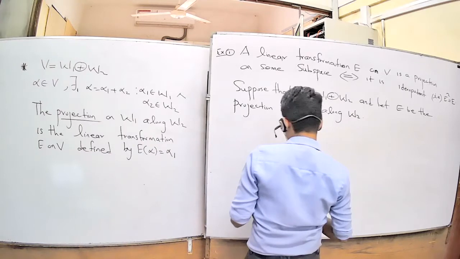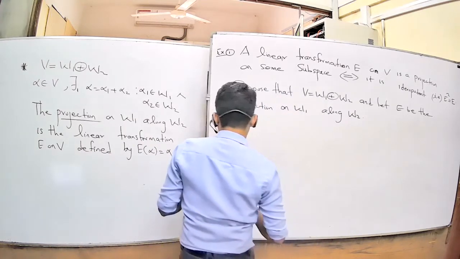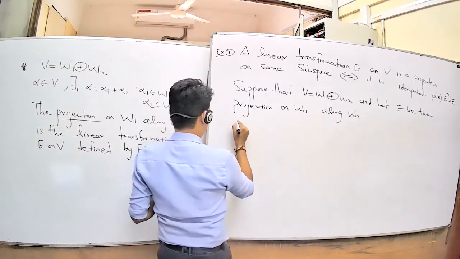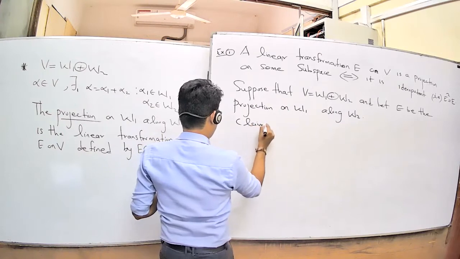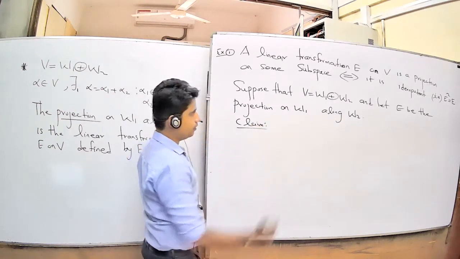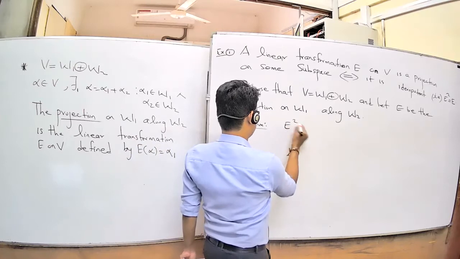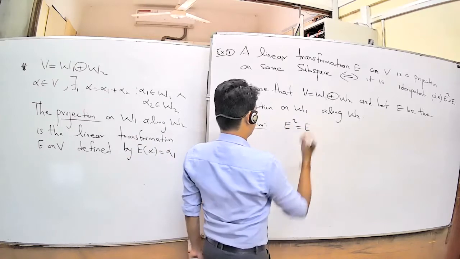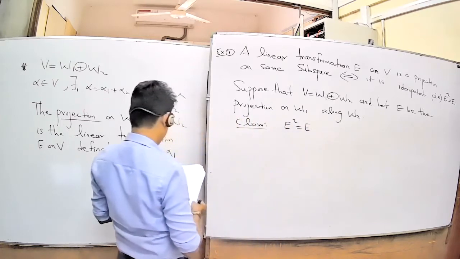Therefore, we shall prove that E squared equals E.